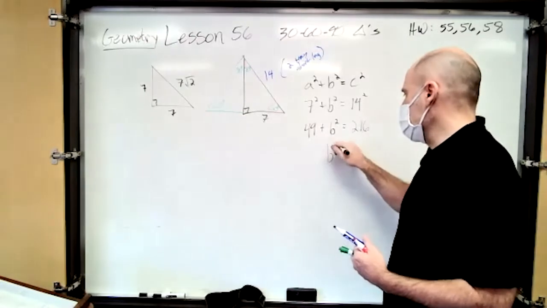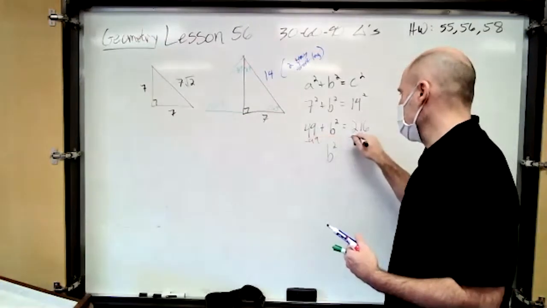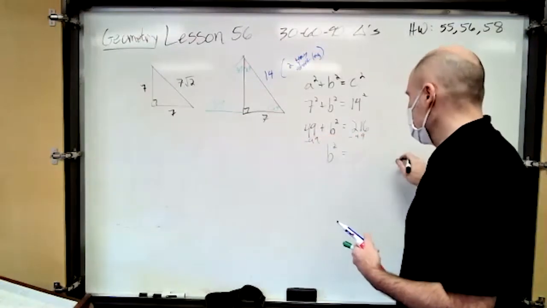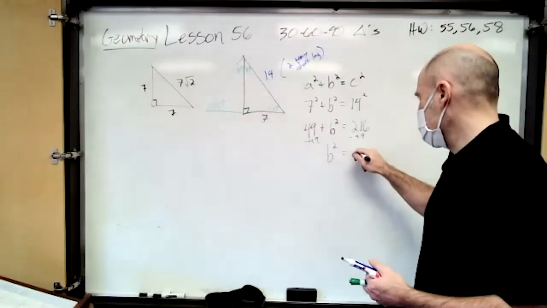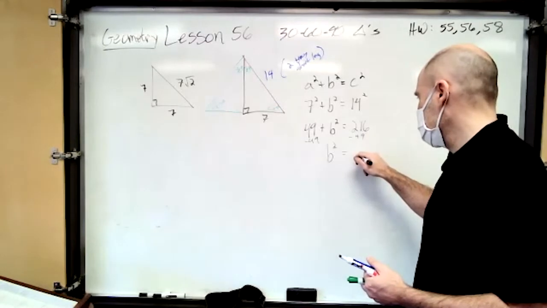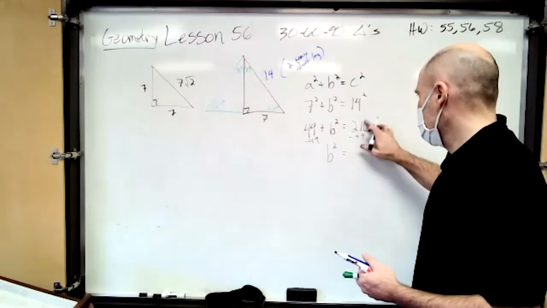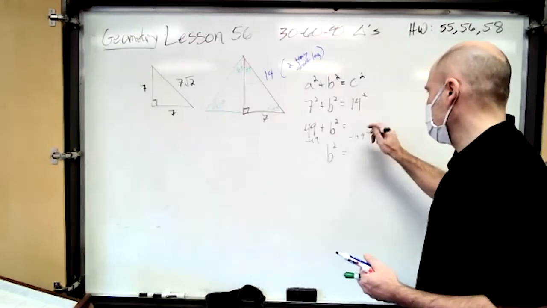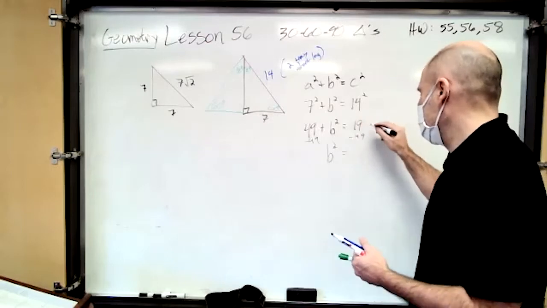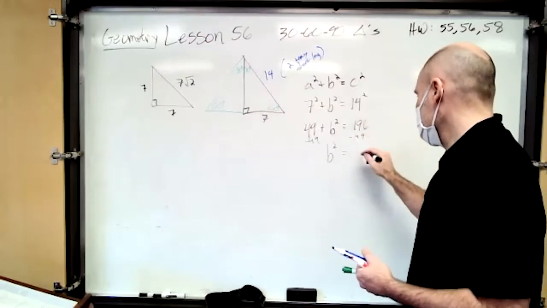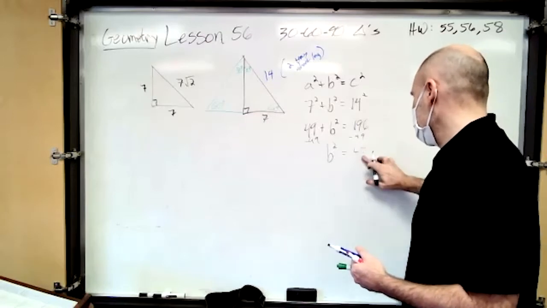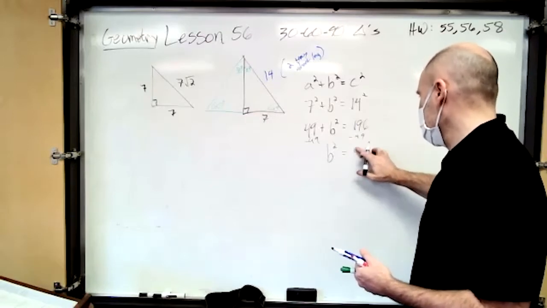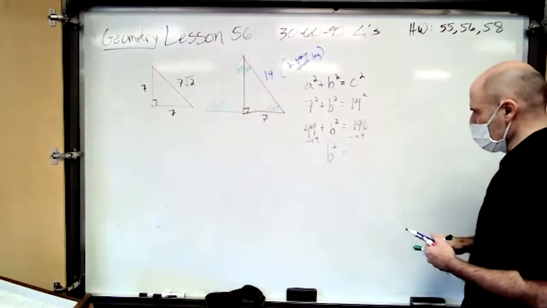Okay, so b squared, subtract 49 from both sides. B squared equals 196. Oh, 14 squared was 196. Good job. I'm rusty.